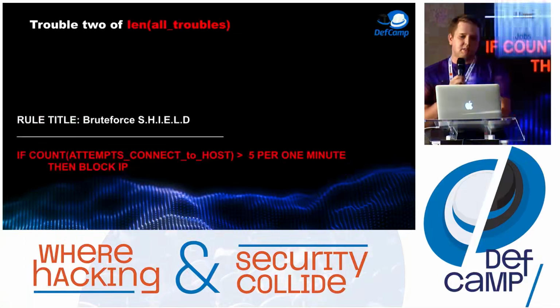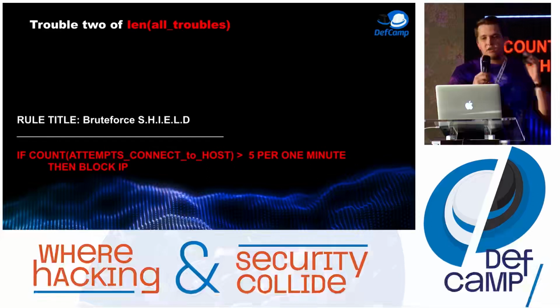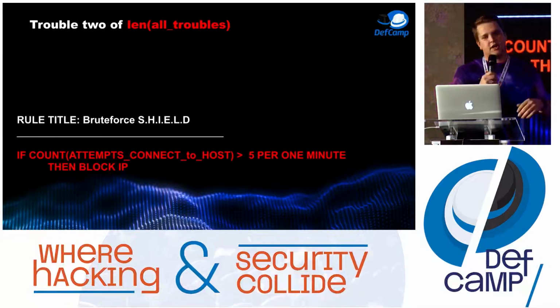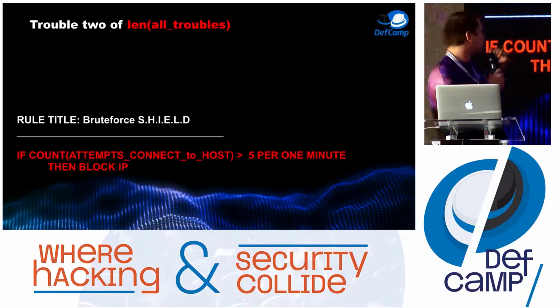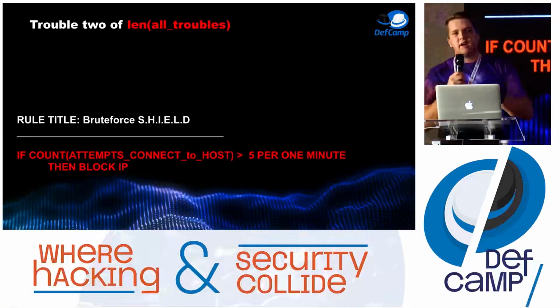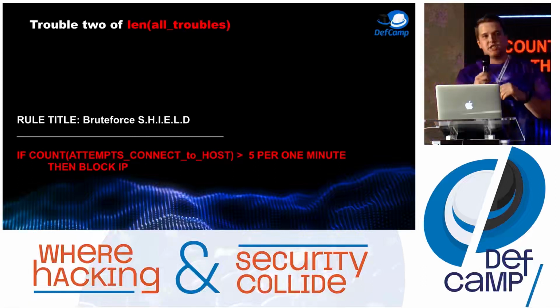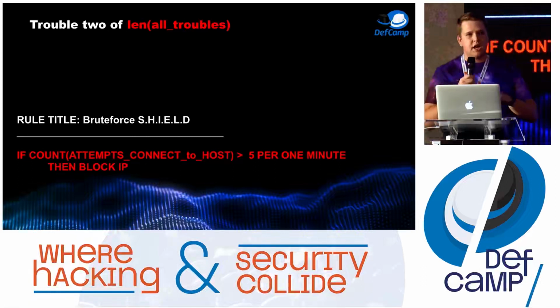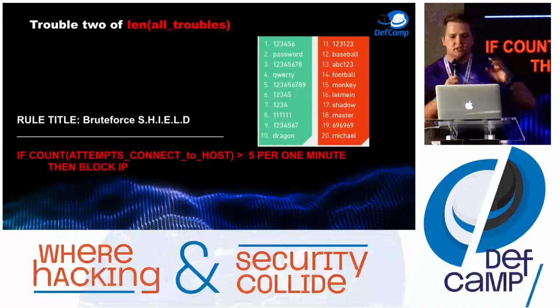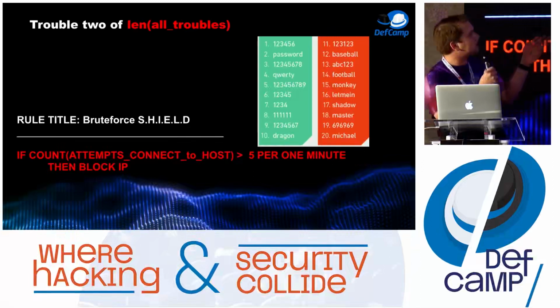Let's look at another example. Many rules are built as follows: if the count of connection attempts to a host or login attempts is greater than 5 per minute, then the security operation team blocks the IP address and marks it as a hacker. But the reality is that for many years, the list of most popular passwords has looked like this.